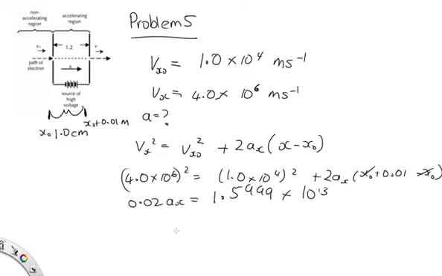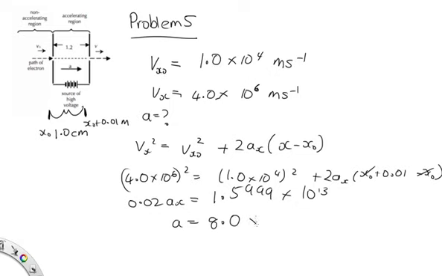And so the acceleration is equal to this divided by this, which is equal to 7.9999, so that's 8.0. So we're going to go for two significant figures, as that's what both Vx0 and Vx are given to.